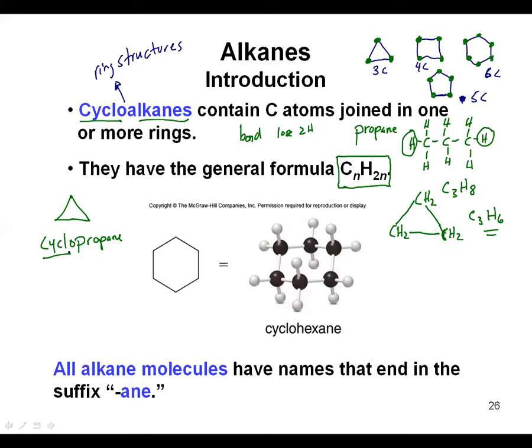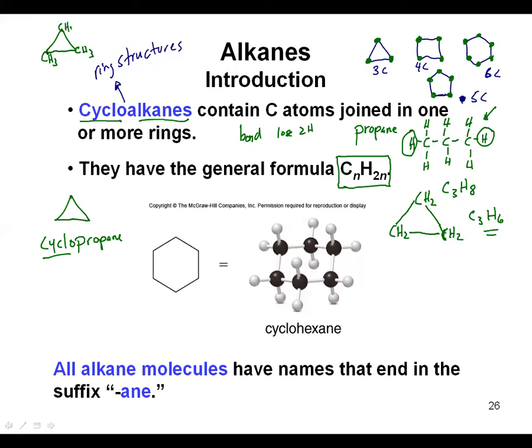The ring doesn't necessarily lose the 2 hydrogens. The straight chain, in order to close up on itself, has to lose those 2 hydrogens. Just to show you, if you didn't lose those 2 hydrogens, you would have something like CH3 here and CH2.